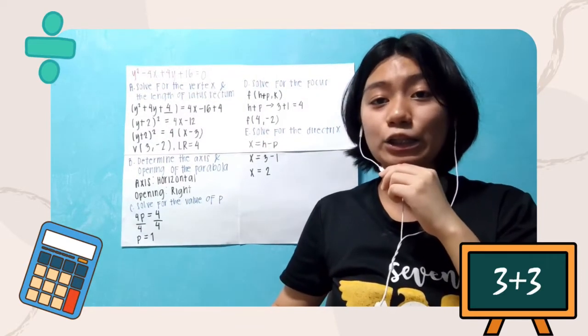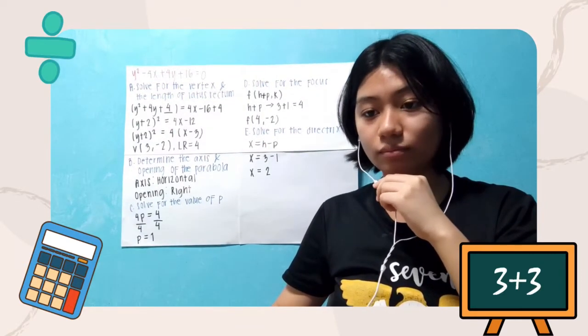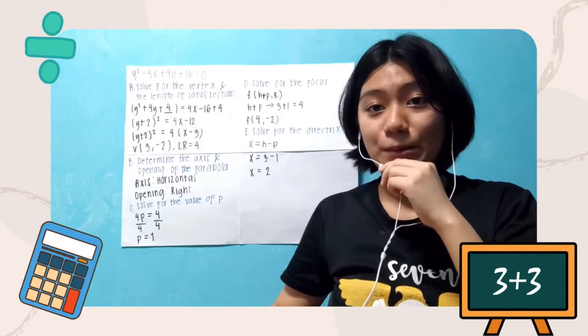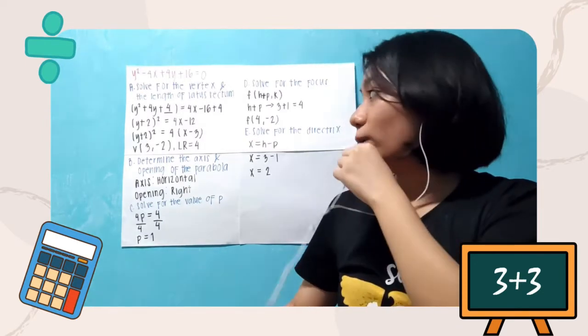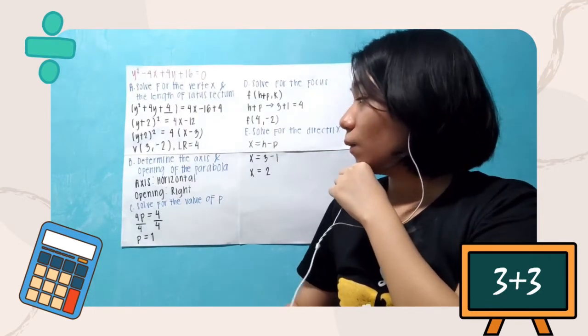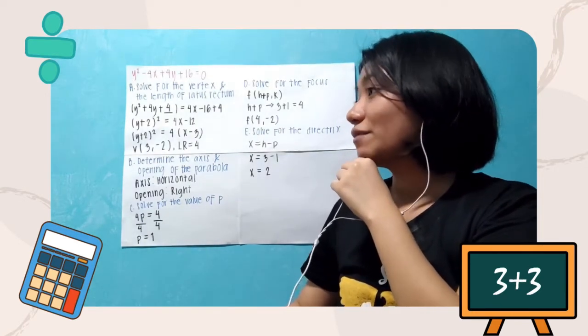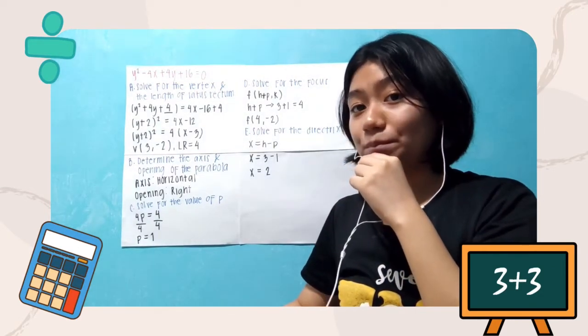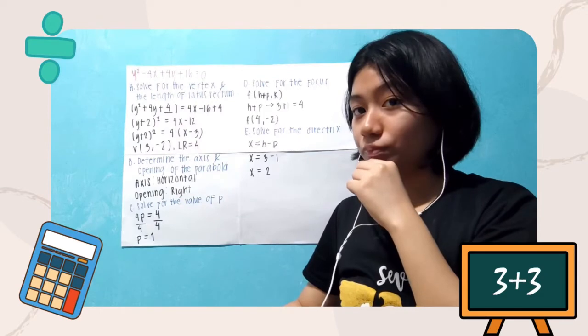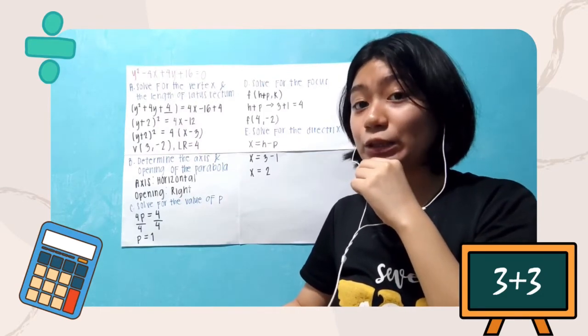Then, we need to compute for the last term of the perfect square trinomial. In order to do that, we need to divide the constant of the middle term of the perfect square trinomial by 2. And then we need to square it.